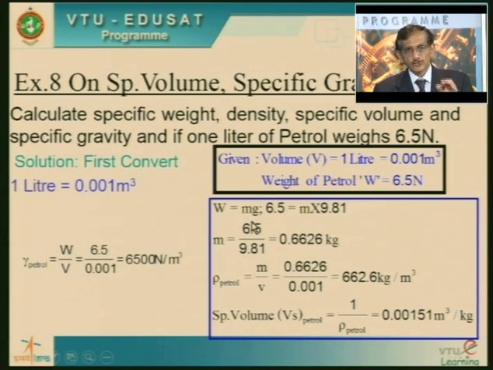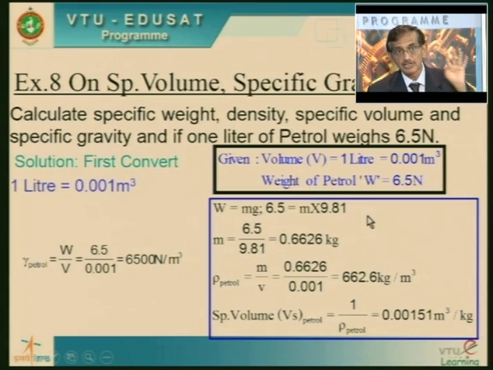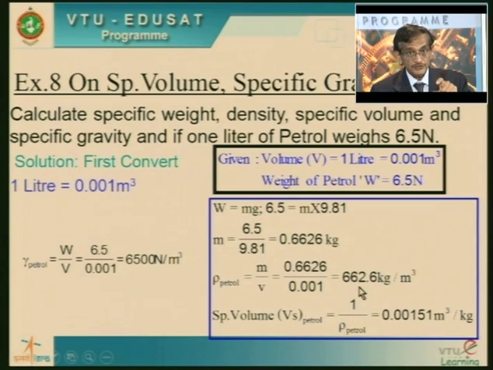Very good question, very interesting question, in which he has given you the weight of the petrol for 1 liter. He is asking you first the specific weight, that is weight per unit volume, that is done. Then we calculate mass using the formula W is equal to m into g, with 6.5 and 9.81. Then density of petrol by the fundamental formula, mass per unit volume, we got the value as 662.